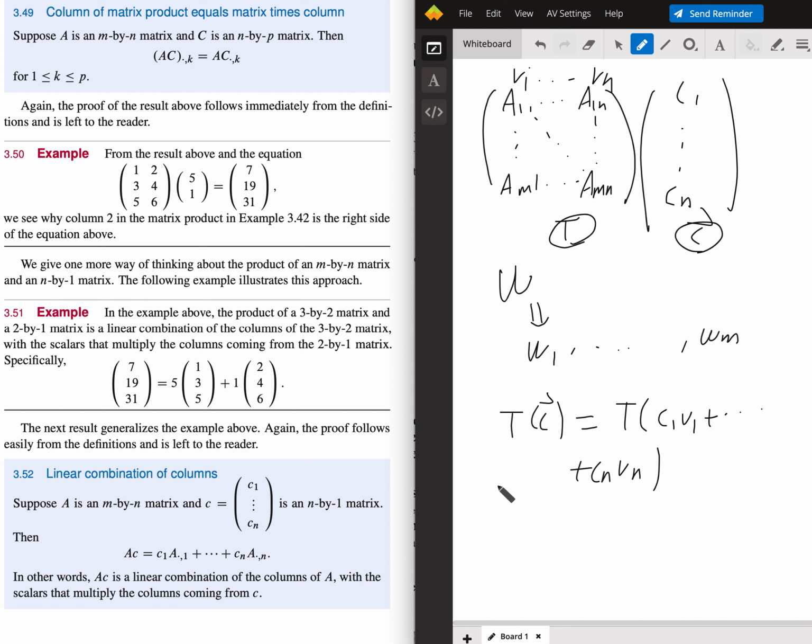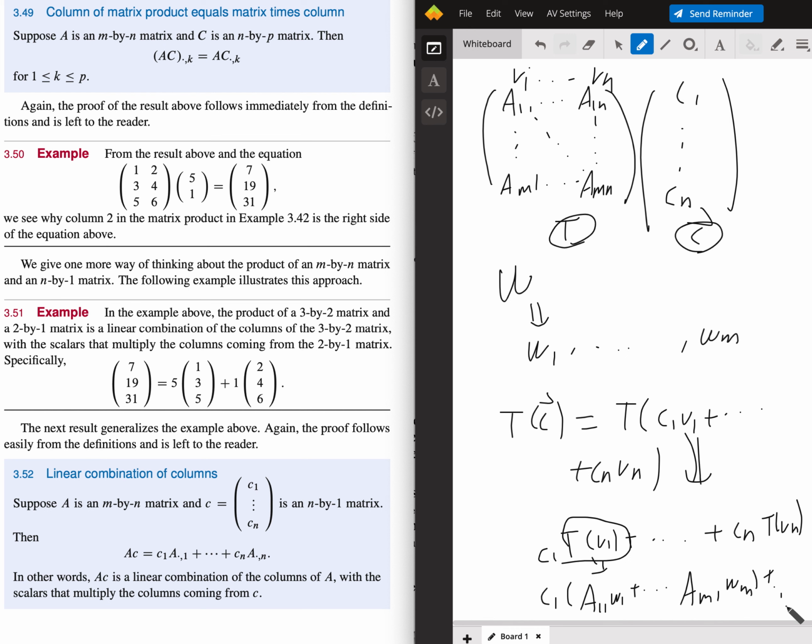And then you can say this is C1 times the transformation of V1 plus, like, Cn times the transformation of Vn, etc. And this, individually speaking, is C1 times A11 W1, etc., through Am1 Wm, and so on and so forth.